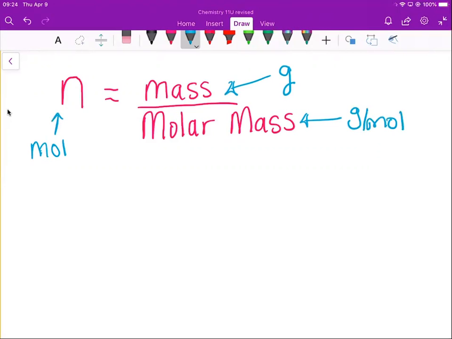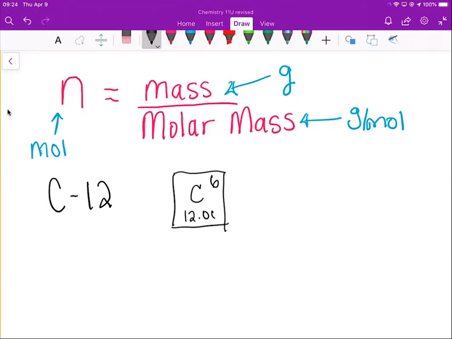You're probably thinking, well, where do I get molar mass? Let's look at an example. Let's look at carbon 12. On the periodic table, you'll see something like this, and the atomic mass, 12.00.